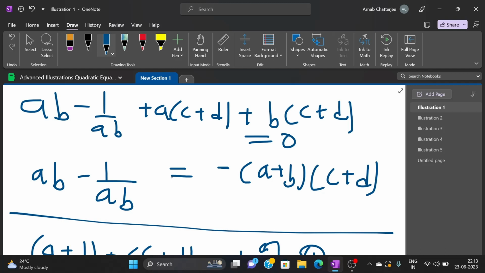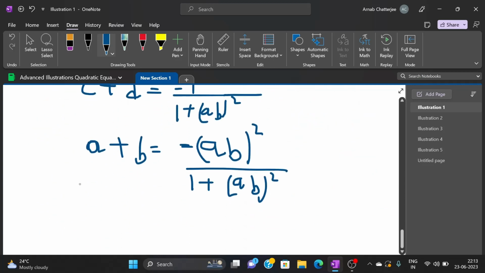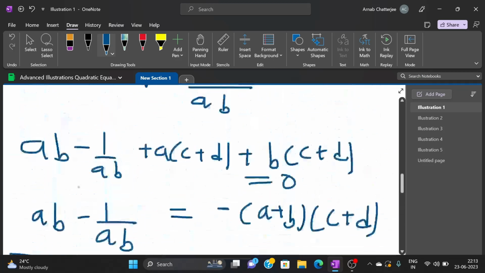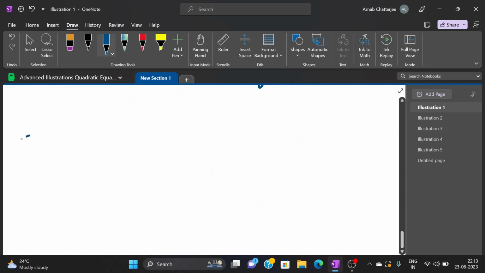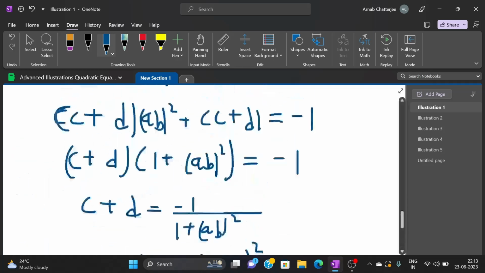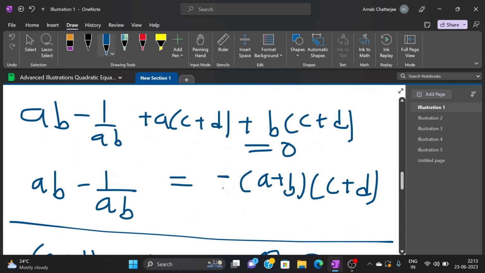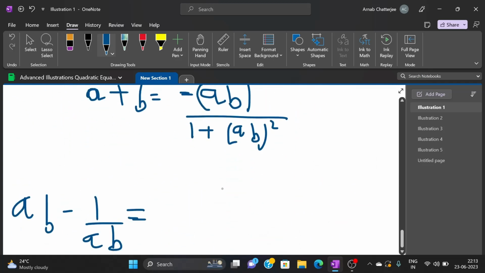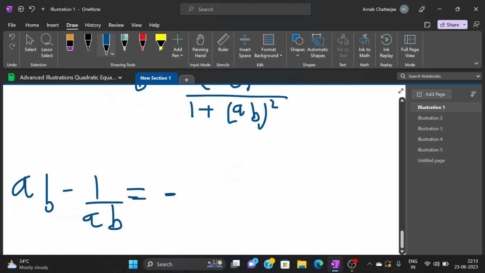So let us do the substitution part. Are you all ready? So we will have substitution: AB minus 1 by AB is equal to minus of (A plus B) into (C plus D).